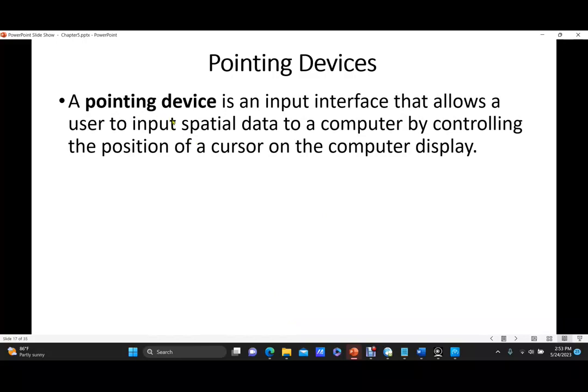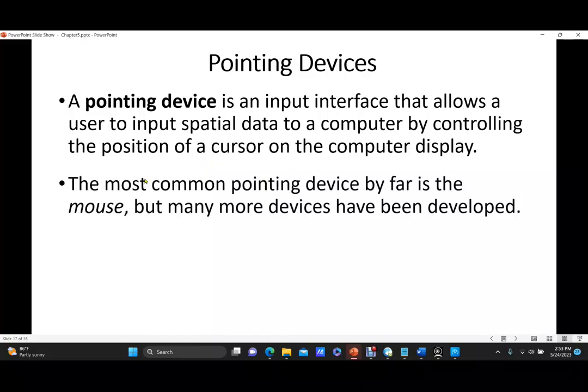A pointing device is an input interface that allows the user to input spatial data to the computer by controlling the position of a cursor on the computer display. The most common pointing device by far is the mouse, but many more devices have been developed.